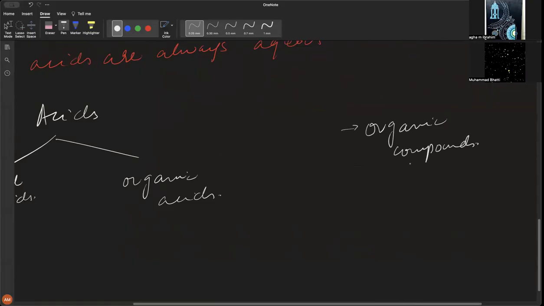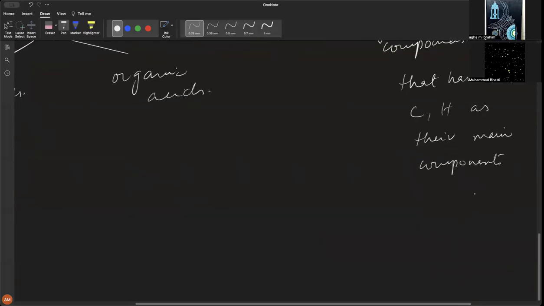For this, we need to understand what organic compounds are. In biology, we have already discussed that. I'll just give you a glimpse of it, or just a reminder: organic compounds have carbon and hydrogen as their main components. Like glucose, C6H12O6. The main components are carbon and hydrogen.